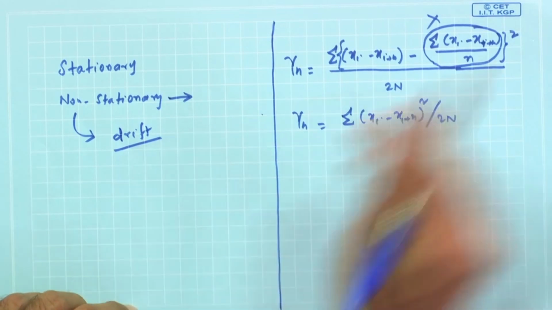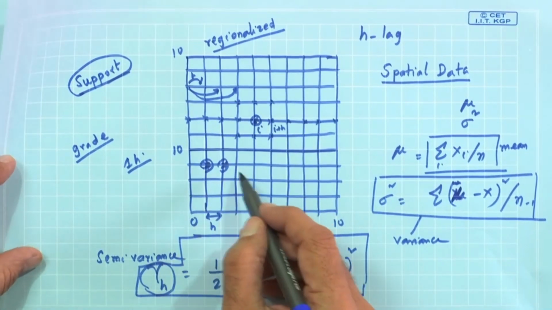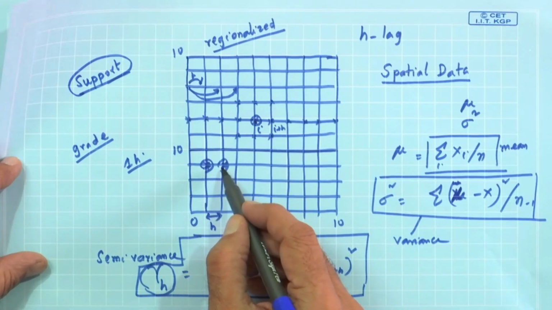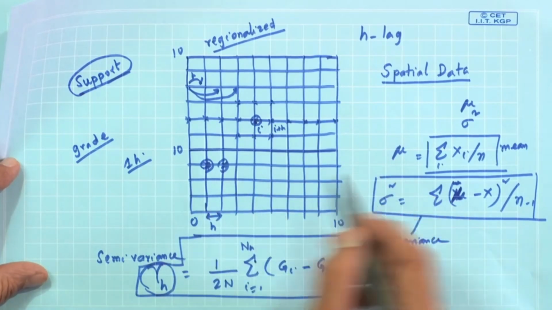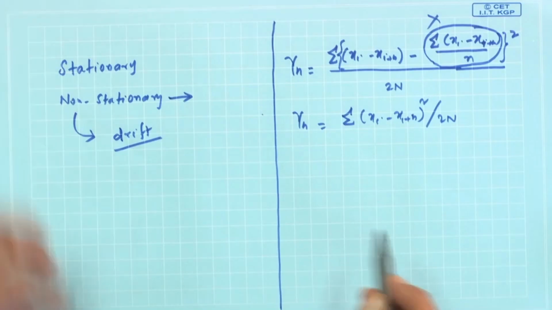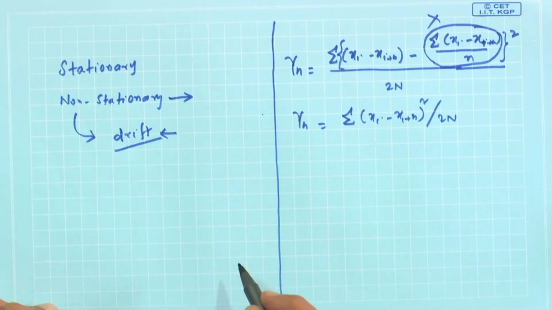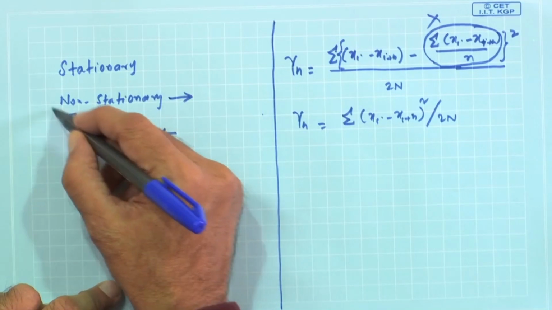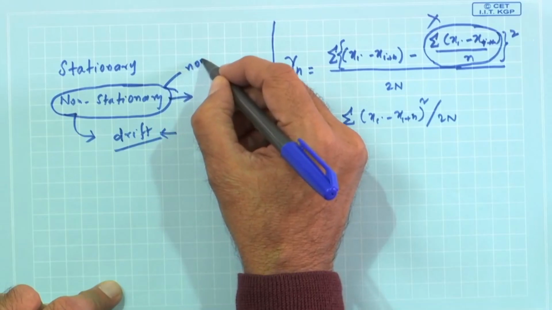That means, as we have seen with respect to this particular diagram, a regionalized variable, if non-stationary, will have drift, meaning the mean values computed at successive points are going to be either in an increasing order or a decreasing order, and that is designated as the drift in the regionalized variable.